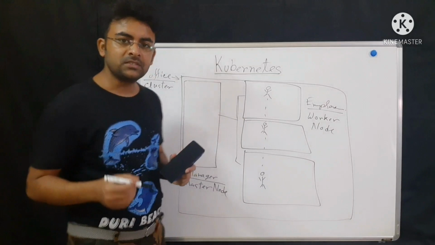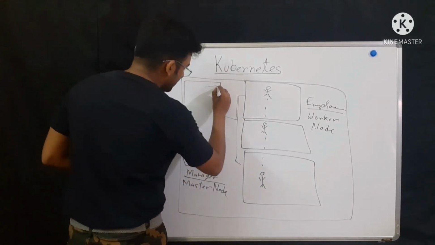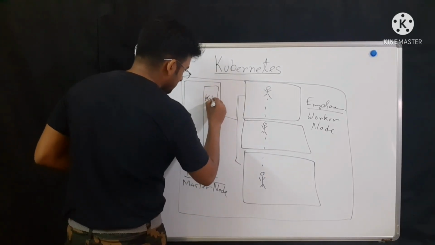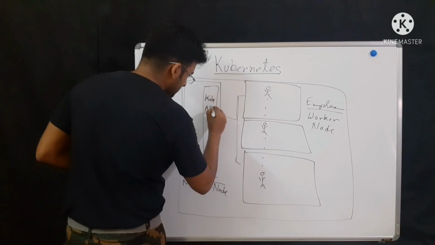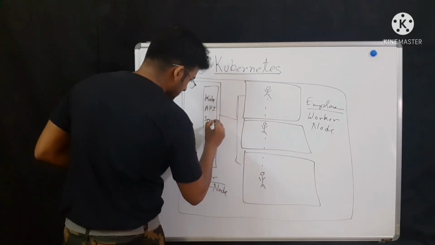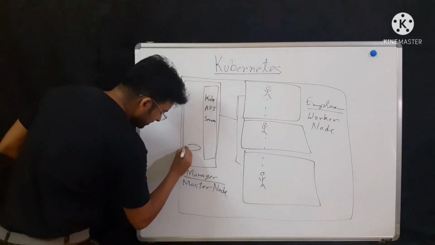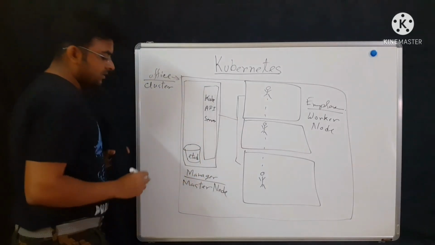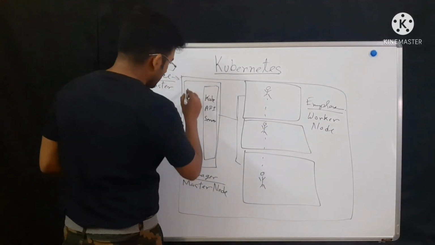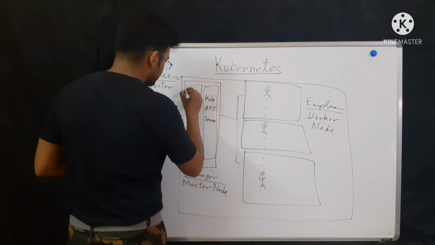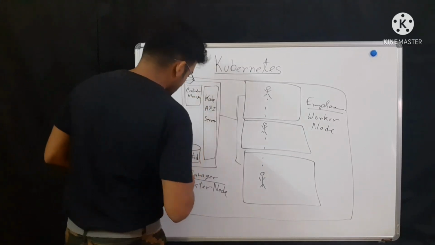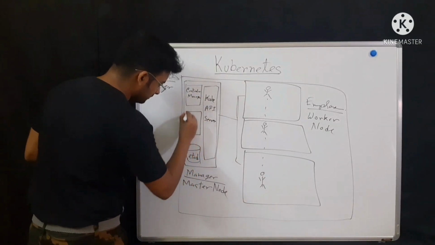In the master node we have several components like the Kube API server, one etcd, which is a distributed key-value store, one controller manager, and one scheduler.